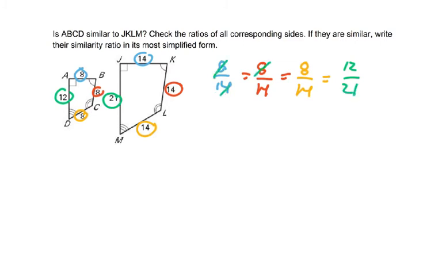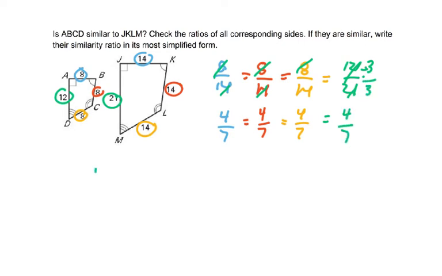All of these divide by 2, and we get 4 over 7. So 4 over 7 equals 4 over 7 equals 4 over 7. And then this divides by 3, and we get 4 over 7.